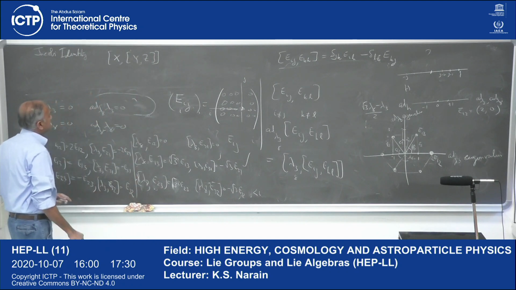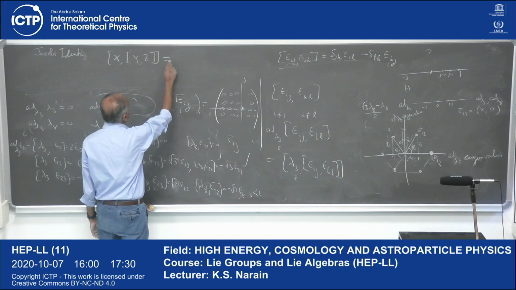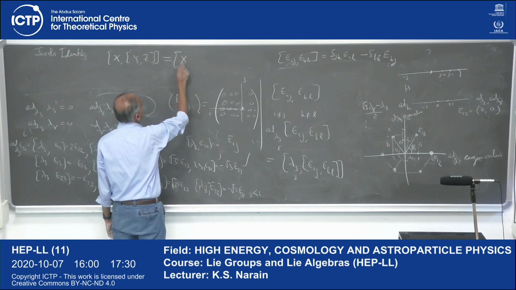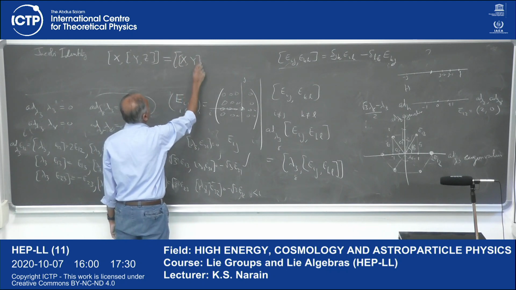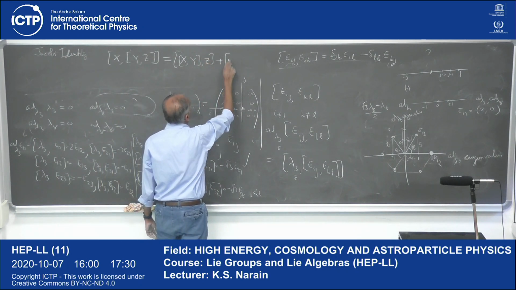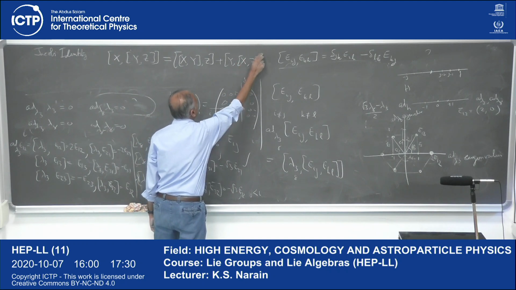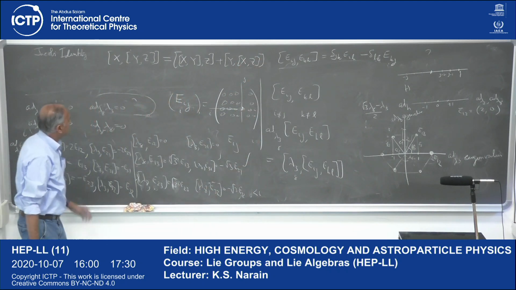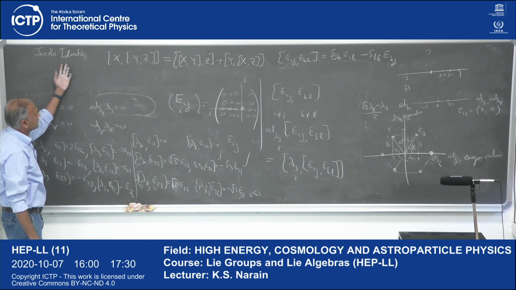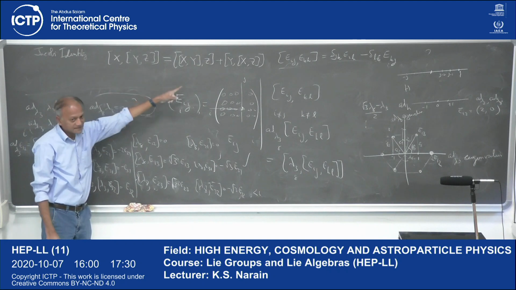Then this Jacobi identity implies that this is the same as x, y with z plus y, x, z. You can check that. You can see the usual Jacobi identity, you think in terms of a cyclic thing, right? But that is the same as this.